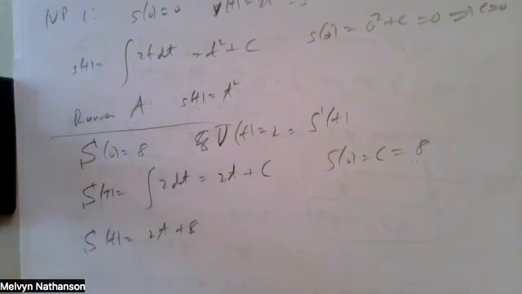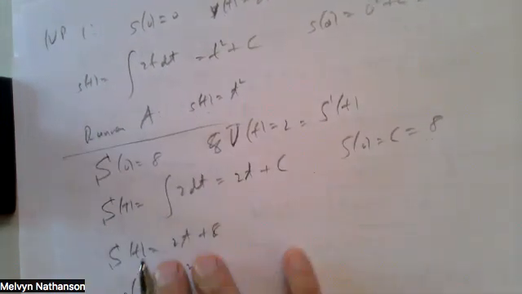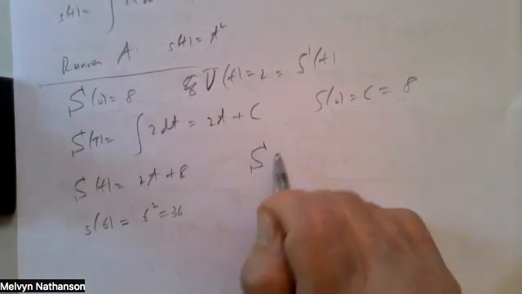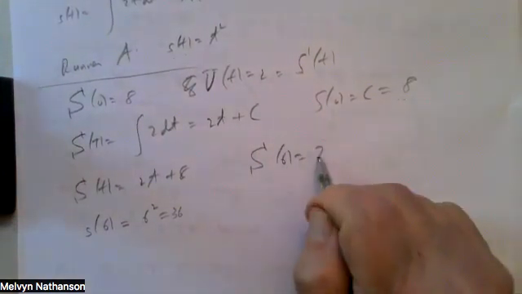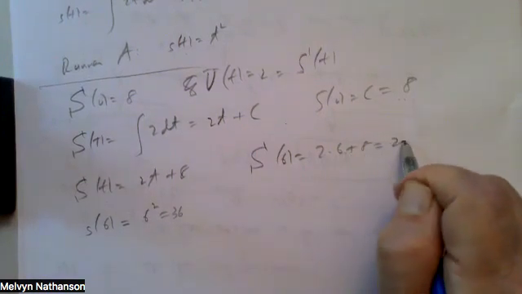And who's winning at t equals 6? Little s of 6 is 6 squared, or 36. Capital S of 6 is 2 times 6 plus 8, which is 12 plus 8 is 20.